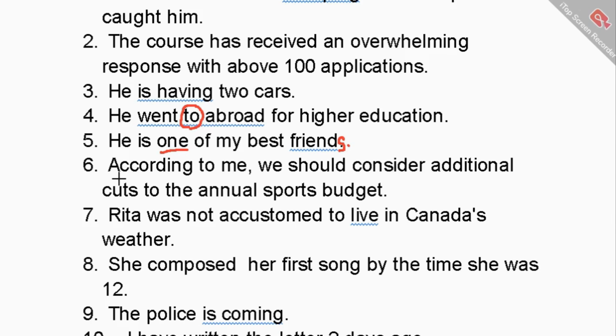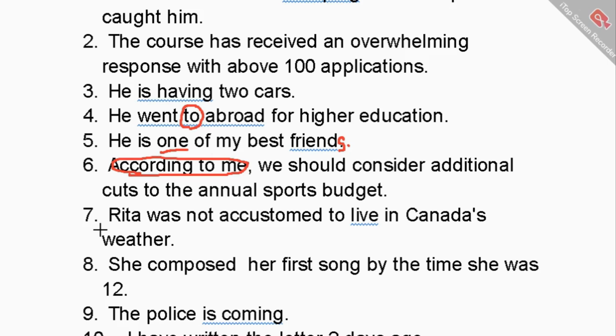Now the sixth one: according to me, we should consider additional cuts to the annual sport budget. Now the error is "according to me." We should remove this and instead write "in my opinion," because "according to" is used when referring to someone else's opinion, like according to the report, according to his opinion. So when we are talking about ourselves, you should say in my opinion.